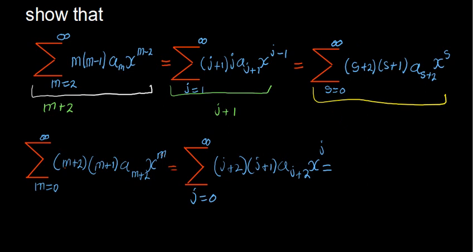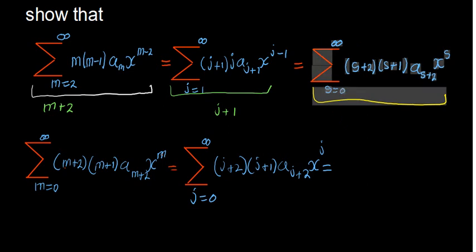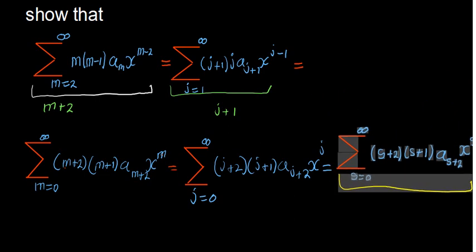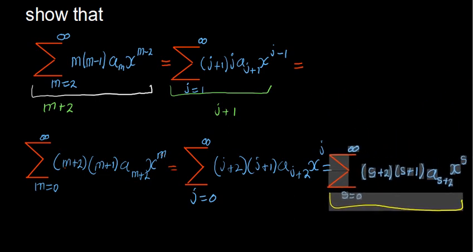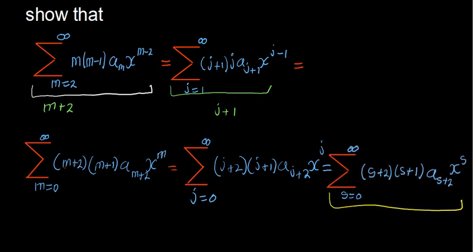I guess I can just copy it and bring it down here. Okay, there we have it, and we can clearly see that these series are now equal to each other.